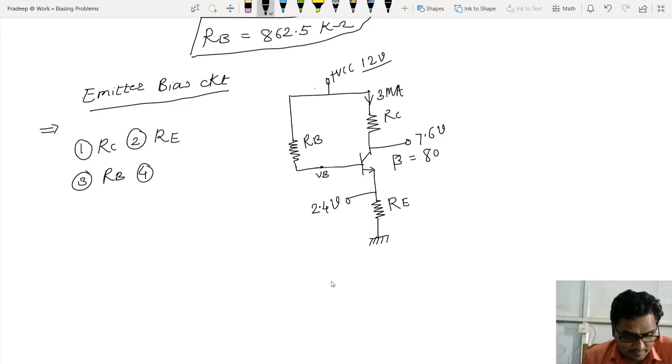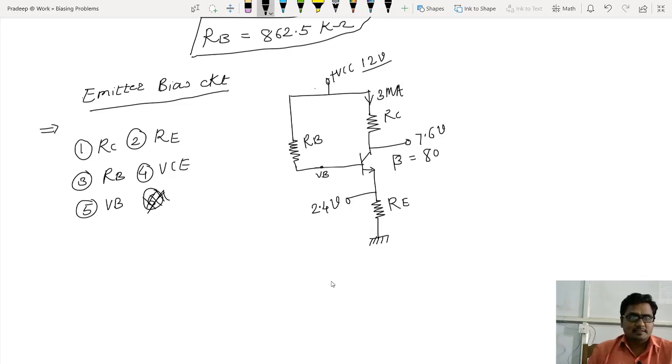Fourth is VCE, which is not given. Then fifth is the base voltage VB. Only five parameters we have to calculate for this emitter bias circuit.